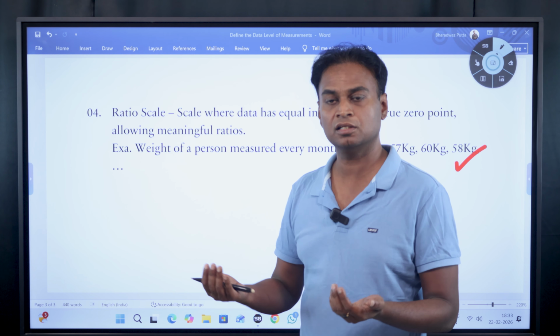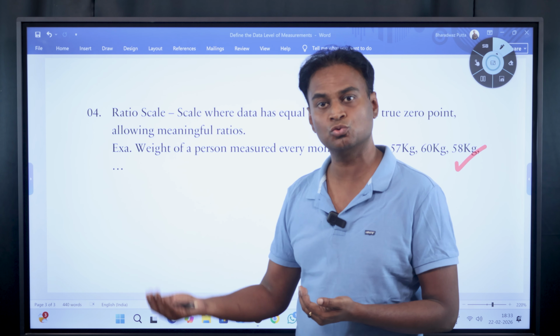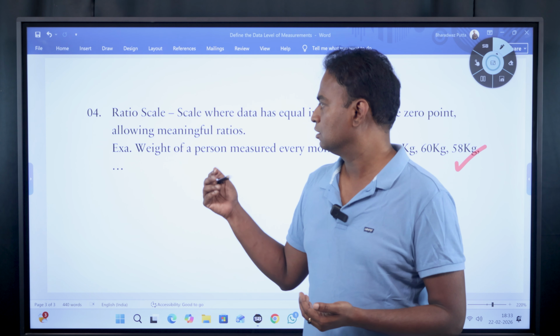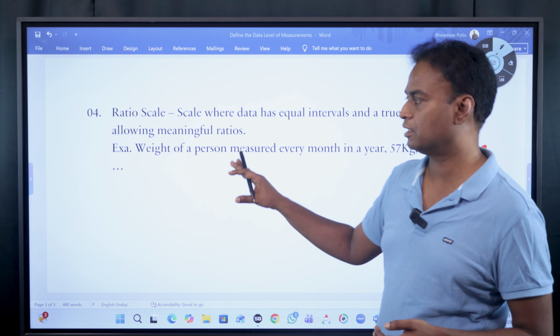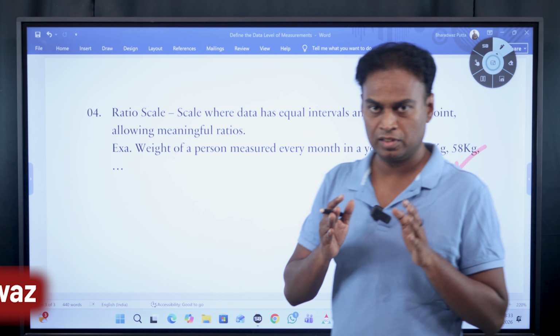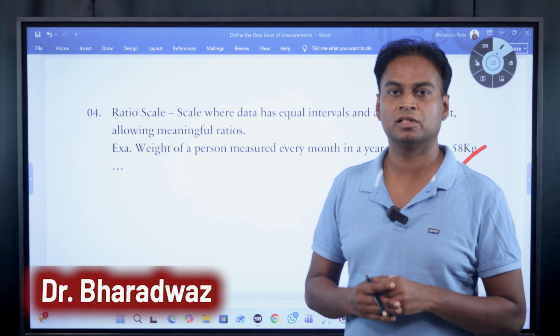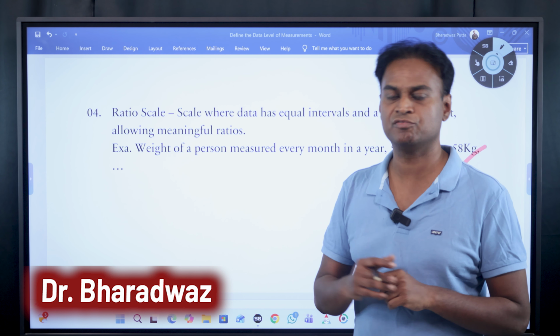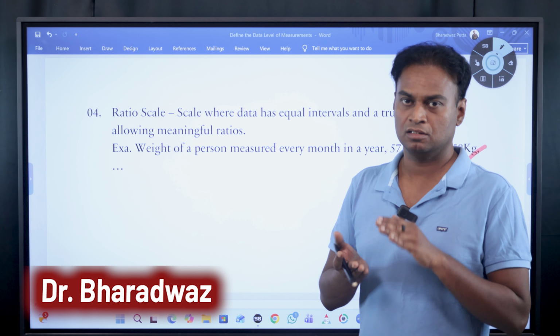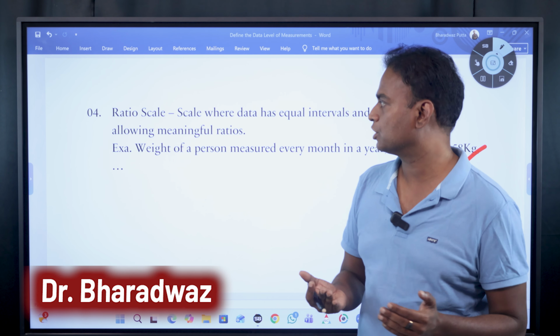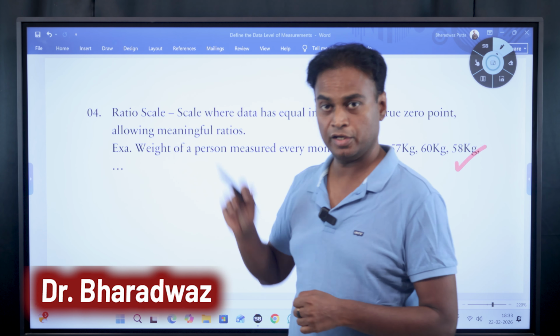There is nothing as -1 weight or -2 weight. That's the reason here we have true zero. When the data can be labeled, when the data can be ordered, when the difference can be found, and when the ratio can be found, such type of data is measured in ratio scale.